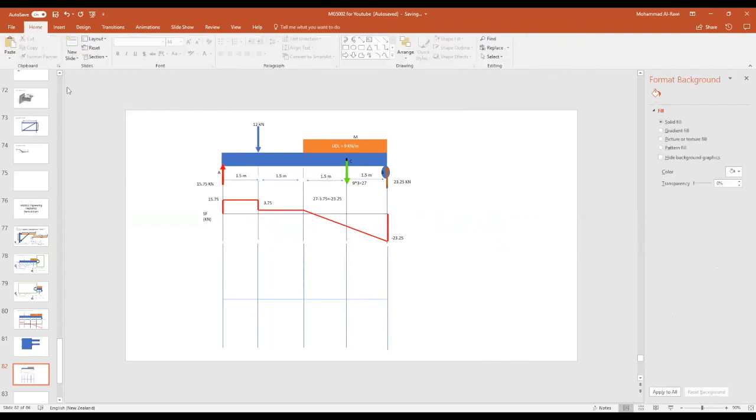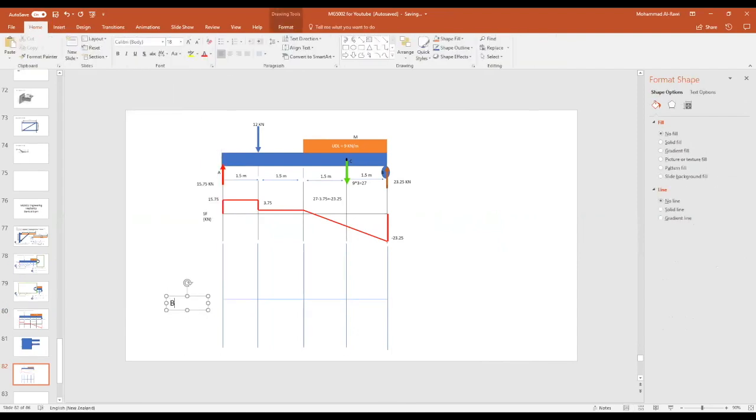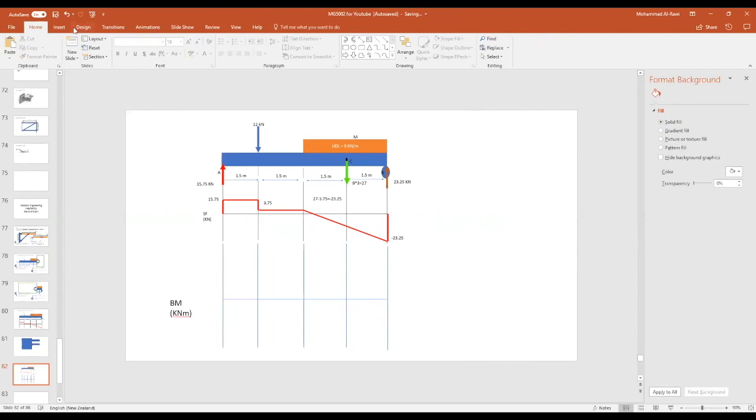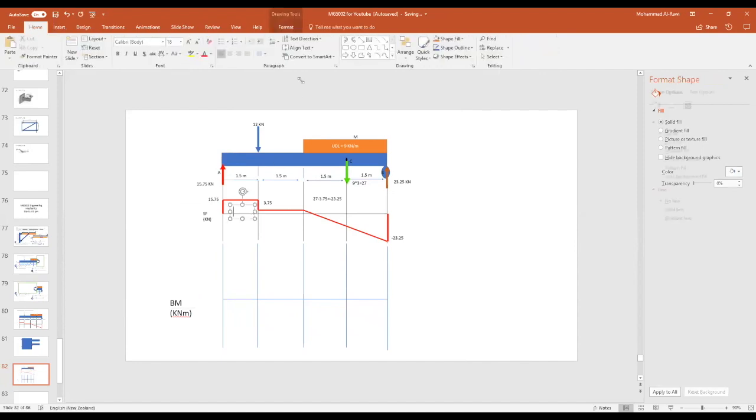All right, now, again, to avoid repeating units, we just write here bending moment, BM, and units is kilonewton meters. Very easy. This will avoid any issues. Now look carefully here, we're working with areas. So the first thing we start with is area. What area are we seeing here?